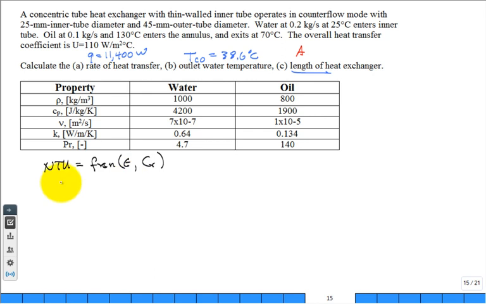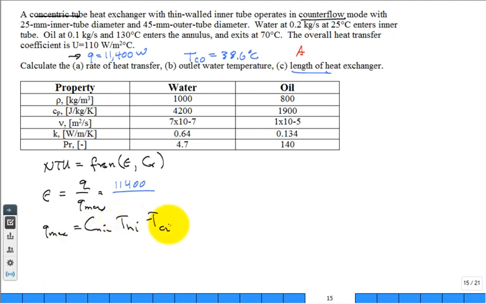All right. I already know what Q is, so the effectiveness is Q divided by Q max. I know that one, 11,400. What is Q max? Well, I have to do a little work. Q max is equal to C min times temperature hot in minus temperature cold in. I know the hot in and the cold in, but the minimum heat capacity rate, well, we go back and compare. The C min was 190 watts per Kelvin.